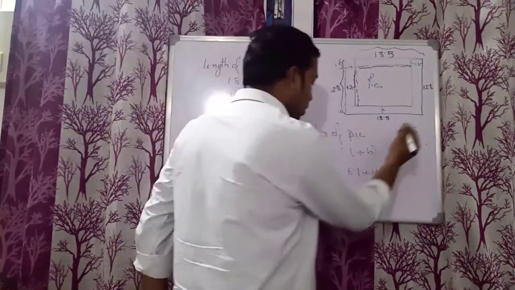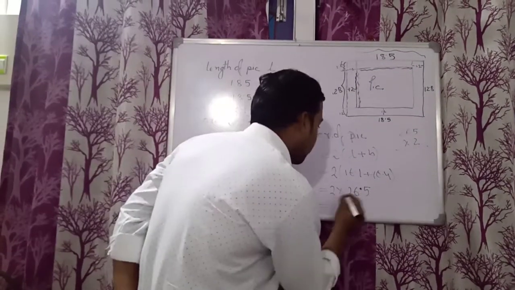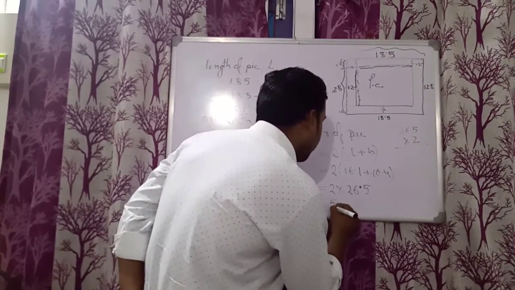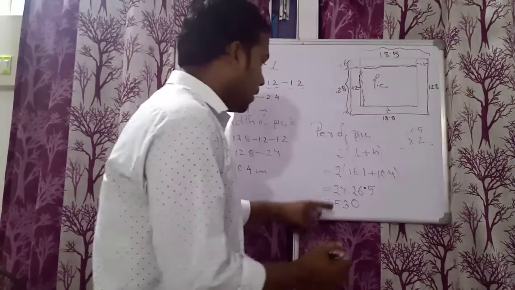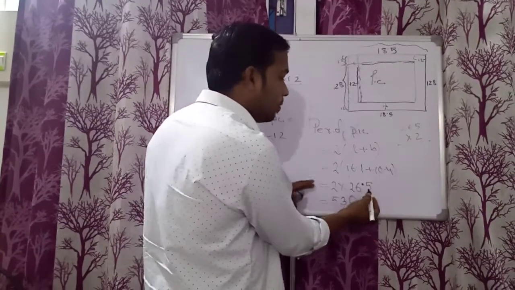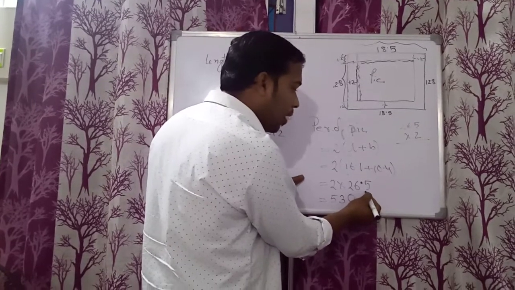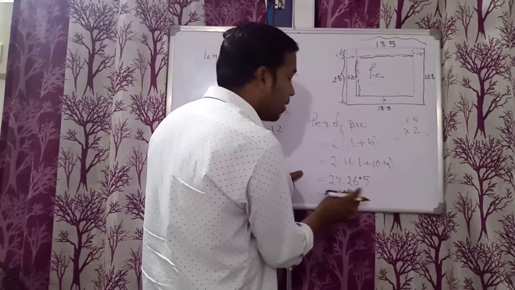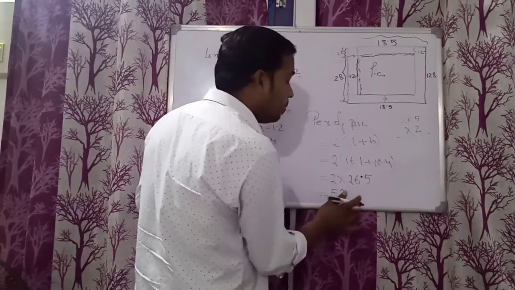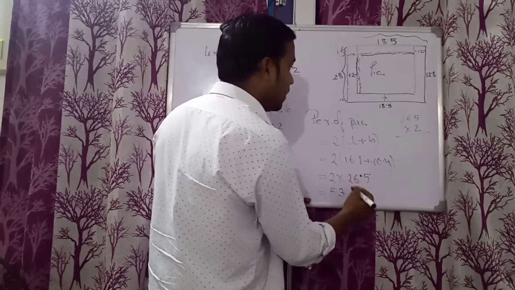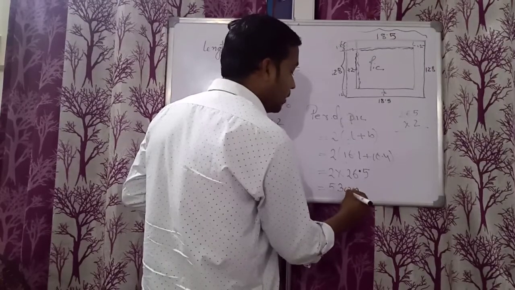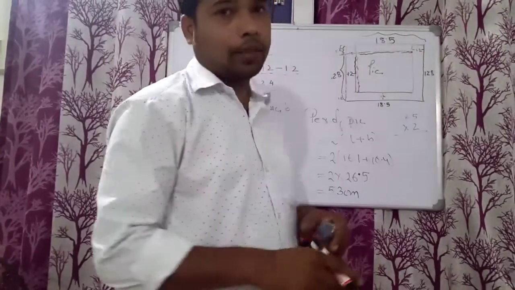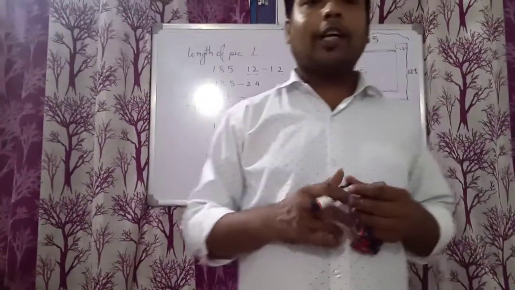Then we will get how much? 530. But here, before how many digits is there a decimal? Before 1 point. Then after the point, 0 is valueless. That means our answer, the perimeter, since all these are in centimeter, is 53 centimeter. I hope everyone understands.